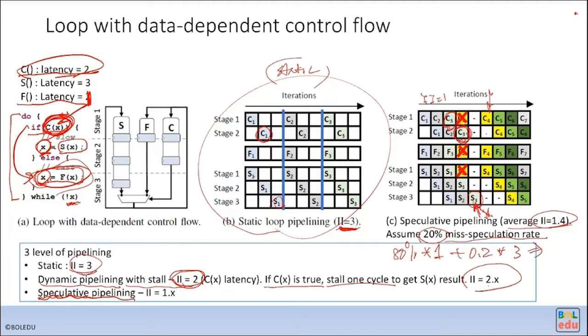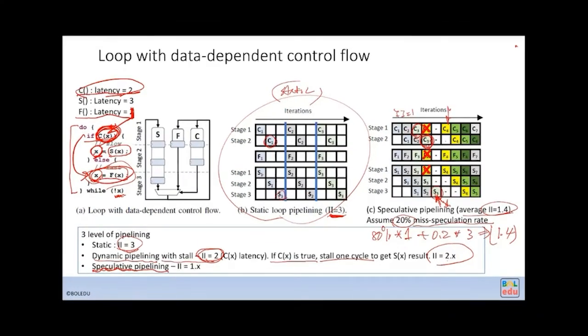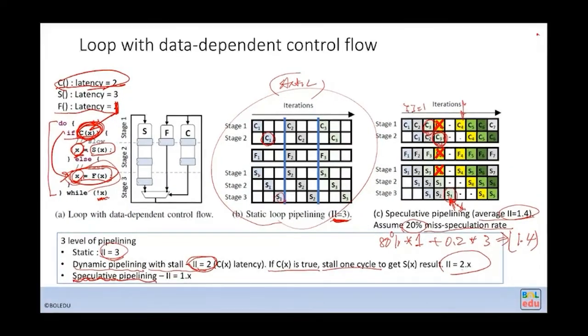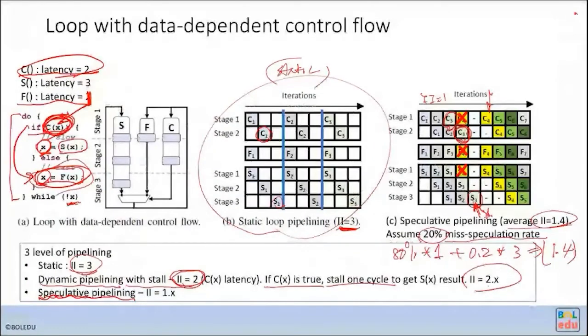That's how you get an average II of about 1.4. So that's basically speculative pipelining. Now let's see how we write the C code for this speculative pipelining.